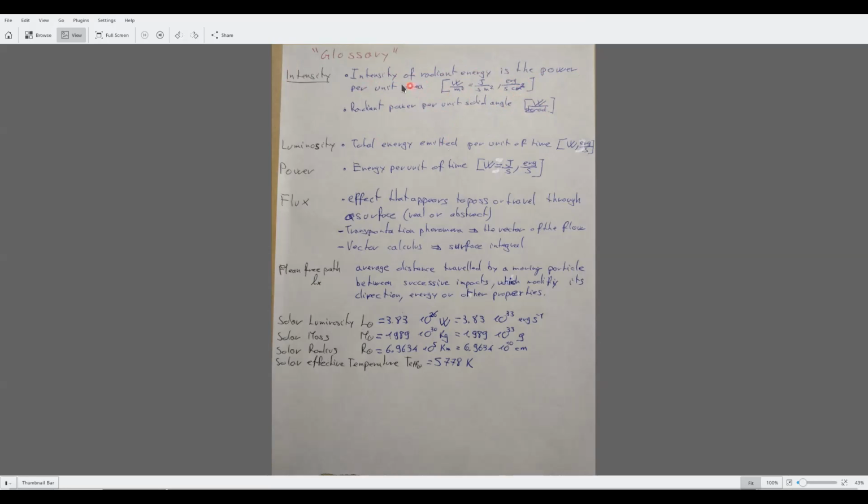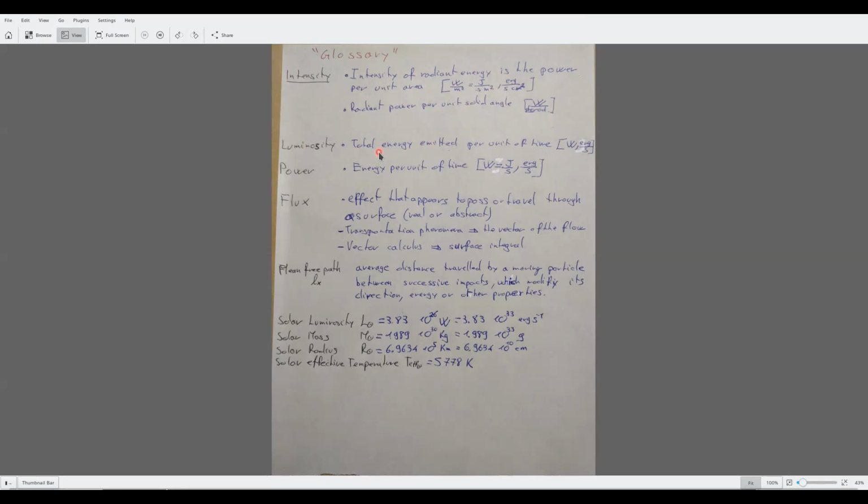Other times it's power per unit solid angle. It's inside the same physics. The several branches sometimes have some small differences in meaning that can be quite confusing.